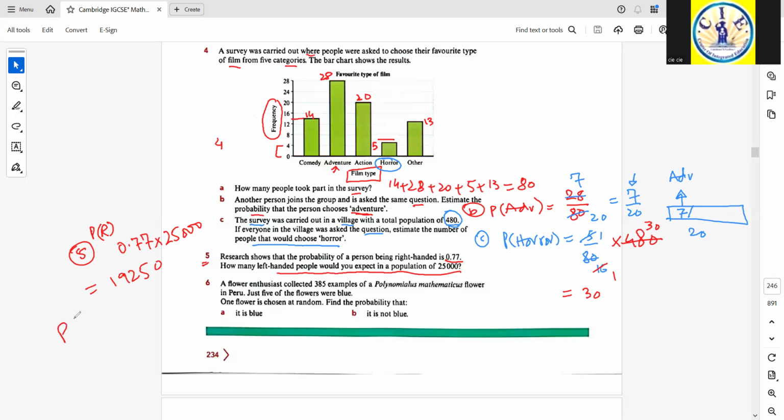So the probability of the left-handers is going to be 1 minus probability of R. That means 25,000 minus 19250, which is 5750 people out of 25,000 are expected to be left-handed. Okay.